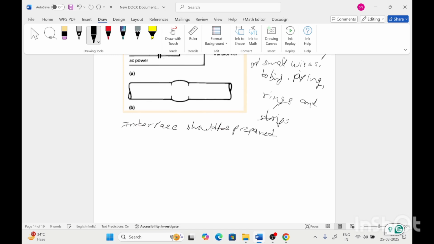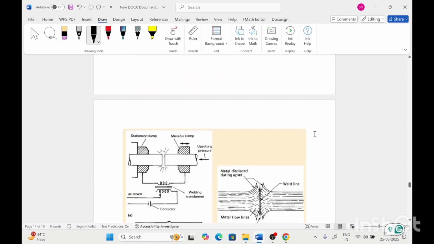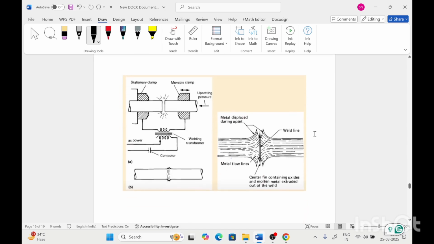One problem in resistance upset welding is poor alignment. Next, this is the setup of resistance upset welding.